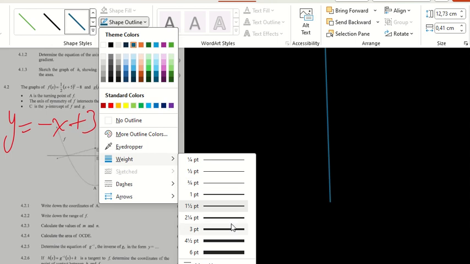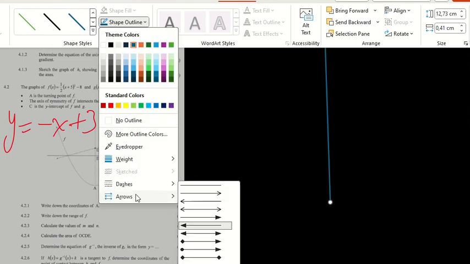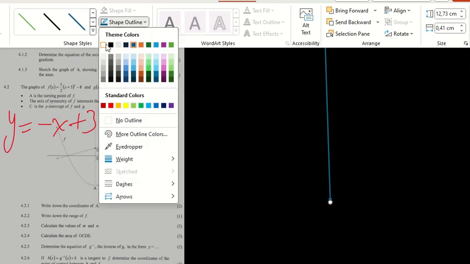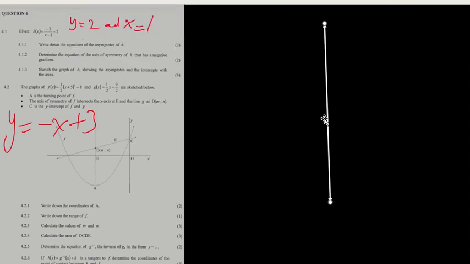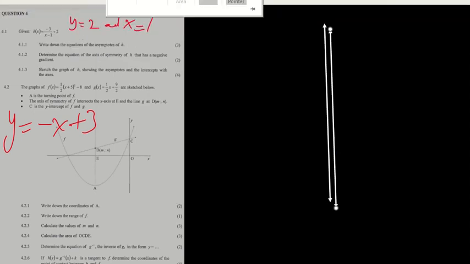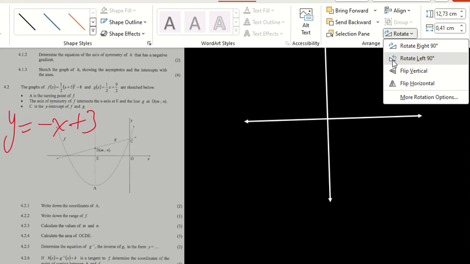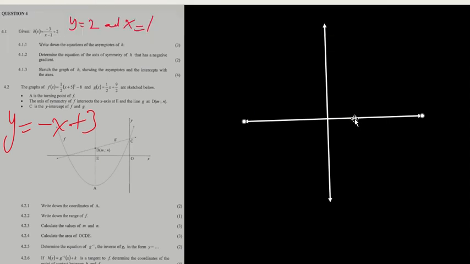Okay, let's increase the size of our axis. Let me insert arrows. These are the kind of arrows I'm looking for. Let's make it white. Let's duplicate and rotate it at the same time. Let's rotate it 90 degrees and quickly work on it.